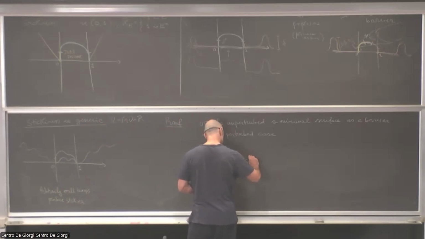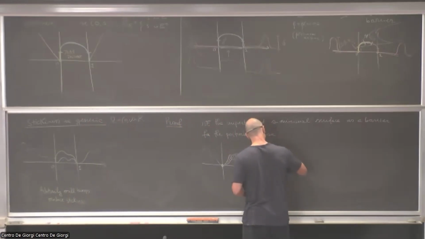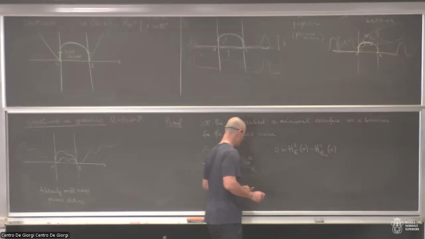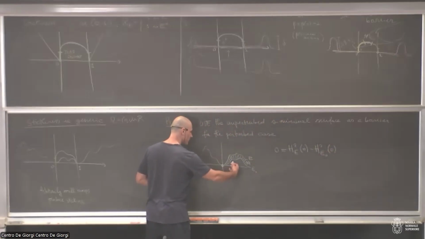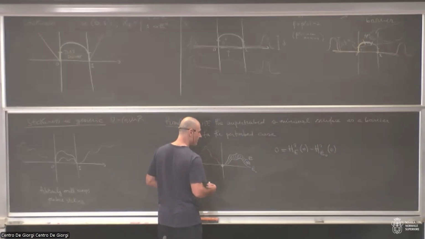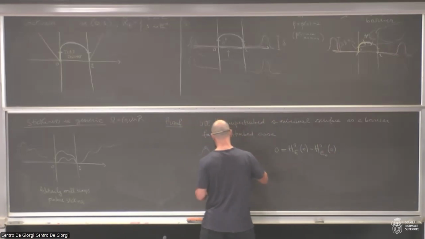Let me call the perturbed one E. When I compute H^s of the set E at the origin minus H^s of the set E0 at the origin, all contributions here disappear. I only have the contribution coming from the little bump, let me call this B, and A.